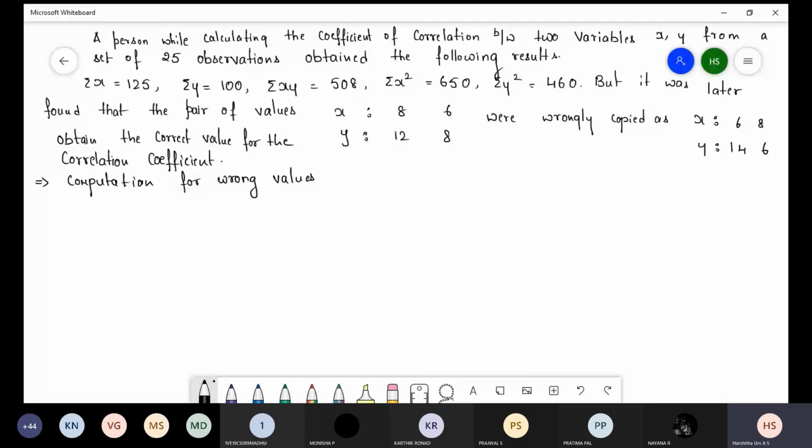Computation for wrong values is, first I write here x, y, x into y, x square, y square.